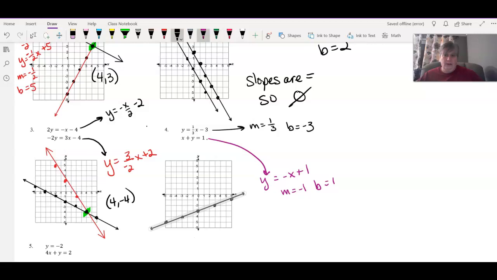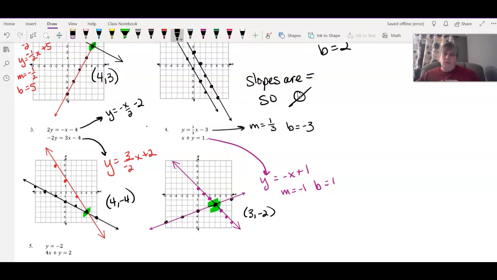Okay, and now we're going to graph the other one. So the other one is +1. I'm going to go down 1/1. There it is. You see, I just put a dot on it. So that tells me that's my answer. Right here. And so the answer for that one is 3, -2.